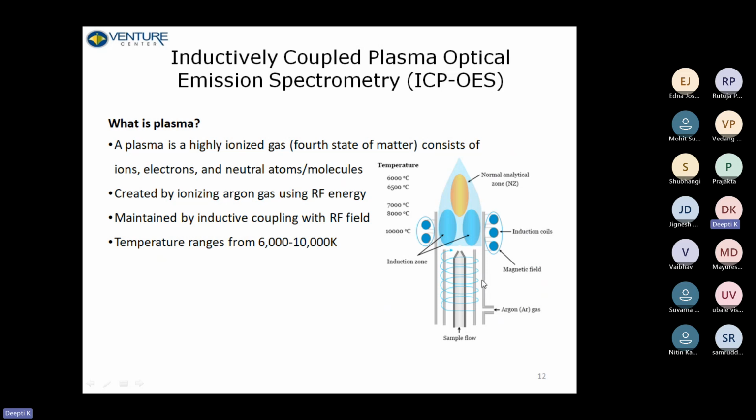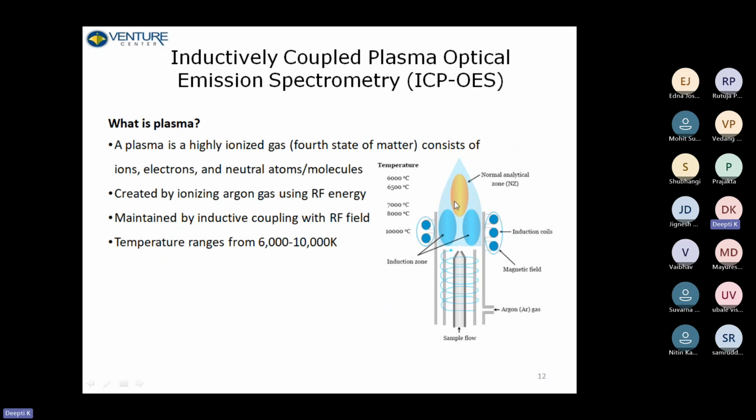The gas flowing through this region is conductive, and this is provided with the help of induction coils, Tesla coils as they are known. The oscillating magnetic fields will generate electric current in the conducting argon, and because of its natural resistance, it will break down the sample solution and cause excitation in the plasma.